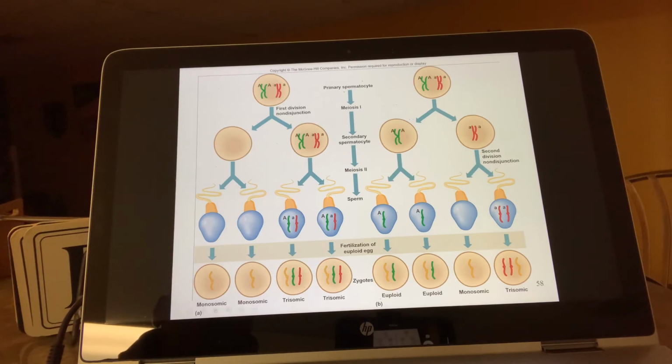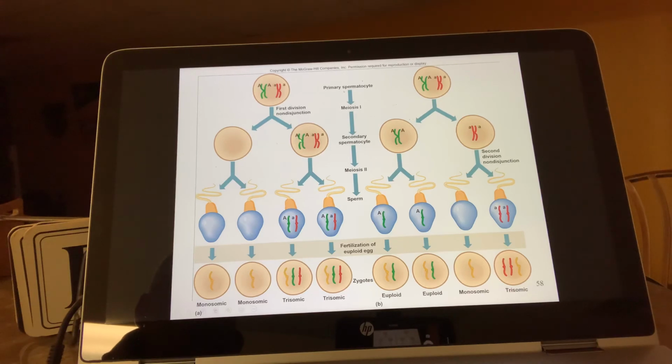If in the first meiotic division there is an abnormality, then these two homologous chromosomes, which code for the same genes, are normally supposed to go one this way and one that way. But if a condition called non-disjunction occurs, they don't separate, and you end up with one cell produced that has neither of those chromosomes in it, and another one that has both of them.